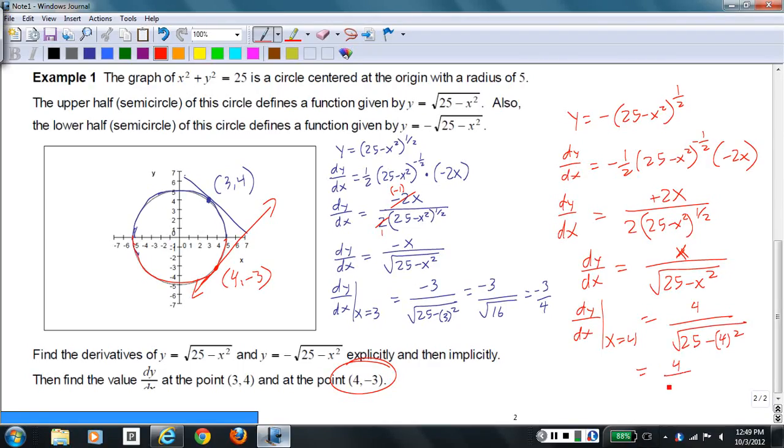That's 4 over the square root of 9, since 25 minus 16 equals 9. So that's 4/3. So the slope of the blue line, m sub tan there, was negative 3/4. And m sub tan for the red line is 4/3.